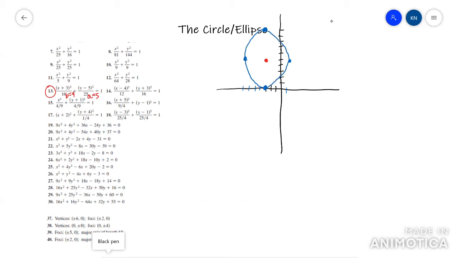It looks something like that. Now you're going to need to go find the foci. They're going to be somewhere around here. And so you can run your a squared minus b squared, which looks like this.